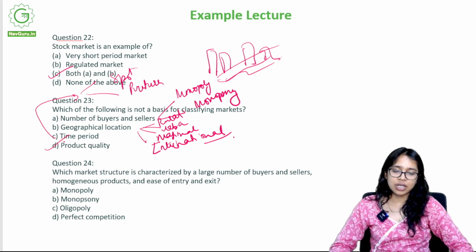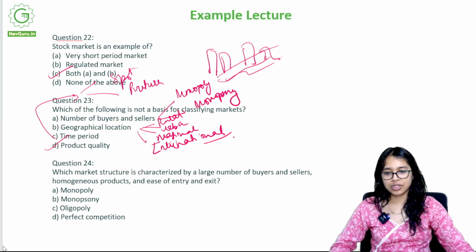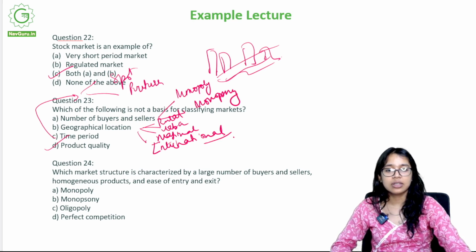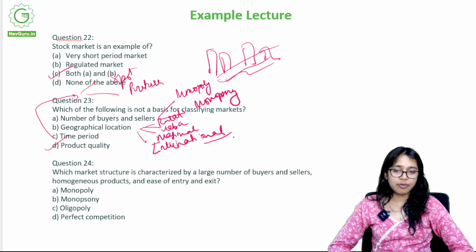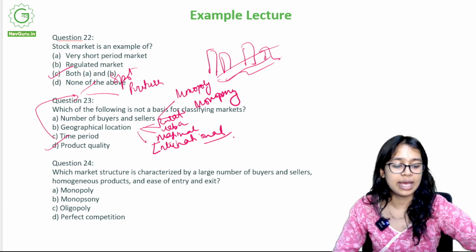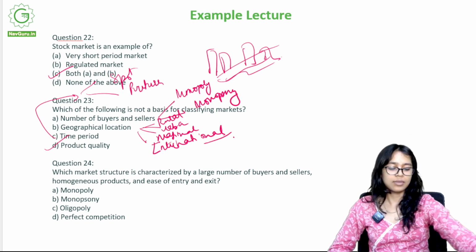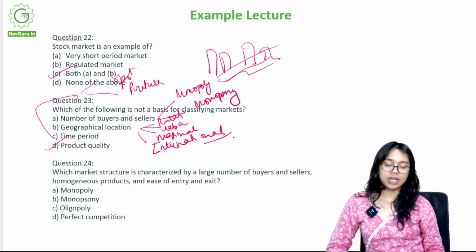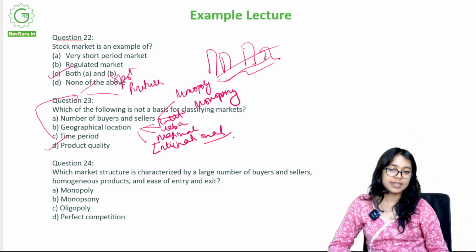Which market structure is characterized by a large number of buyers and sellers, homogeneous products, and ease of entry and exit? So which of these market structures are characterized by that? Okay, so what is this market structure in which there are a large number of buyers and sellers?